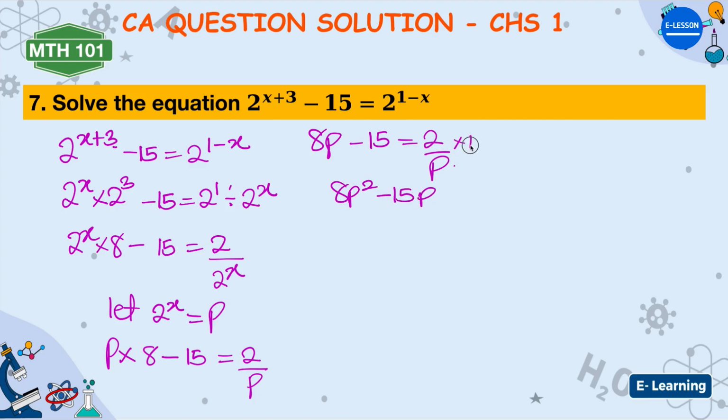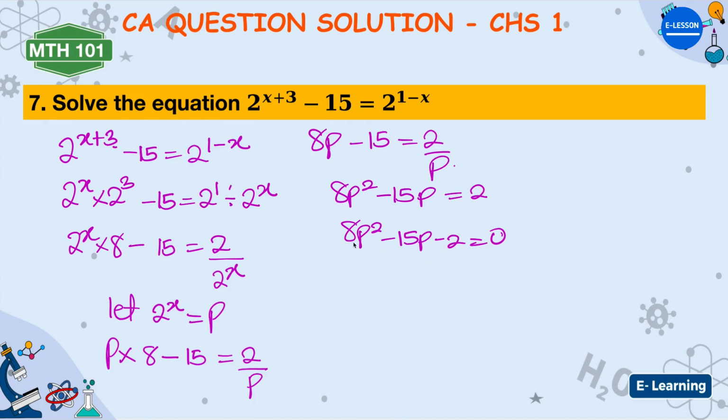If you multiply here by p, it will cancel out the p under. So p cancels p. Here we will be left with only what? 2. So here will be equal to 2. Now, at the end of the day, if you arrange, this will give us 8p squared minus 15p minus 2 is equal to 0. Is that okay? That is a quadratic equation now.